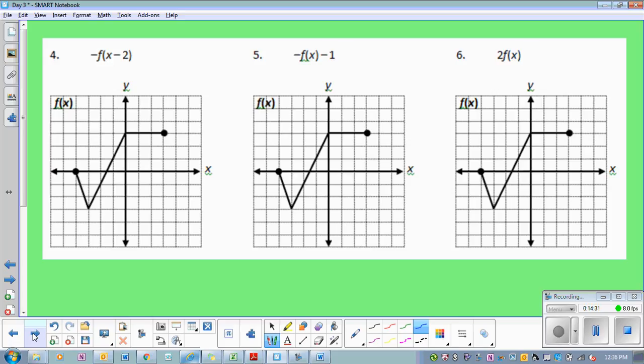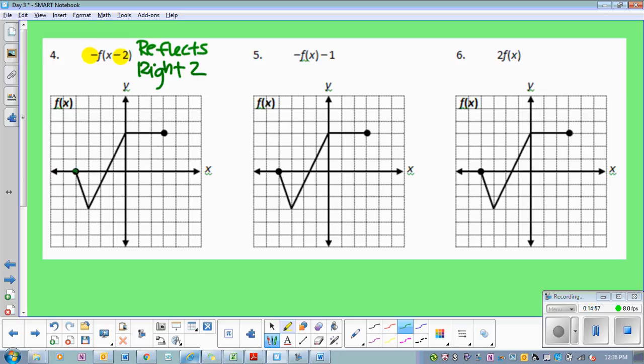Or the next 3. All right, so the 2 transformations here. I have a negative in the front, and I have a minus 2 inside the parentheses with the x. What happened? Reflect and move to the right 2. Okay, reflect, and then right 2. Okay, this is a little bit tricky.